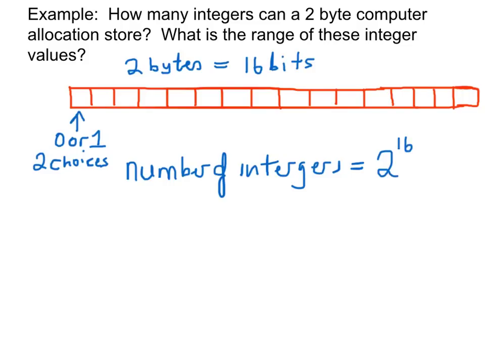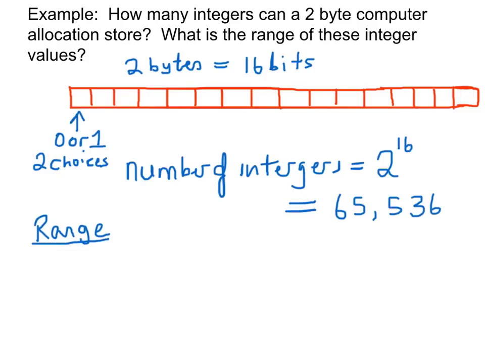Now we can work that out on the calculator, and what we get is 65,536. So a 2-byte computer allocation can store 65,536 different integer values.